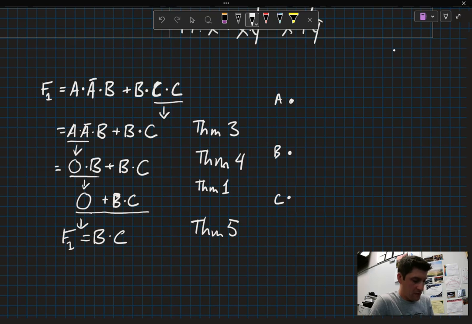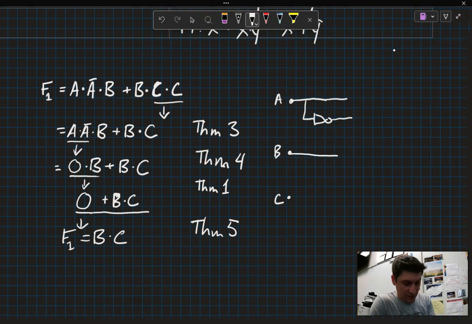For A, I'm going to have an inverter to make A not, and then that A is going to come down here and AND with B. So I'll even use a 3-input AND and be a bit of a cheater here.